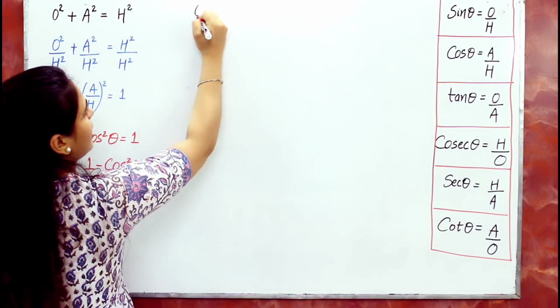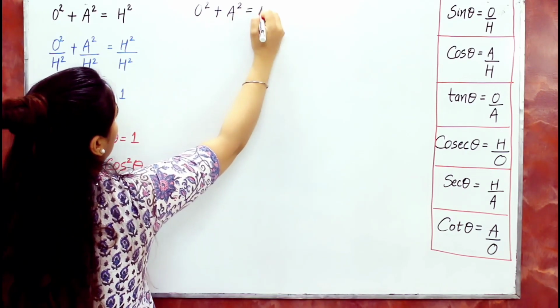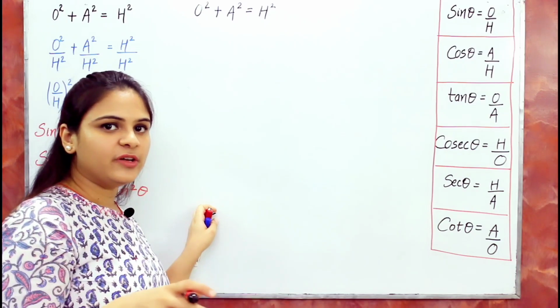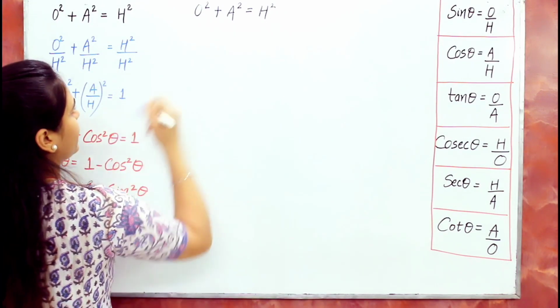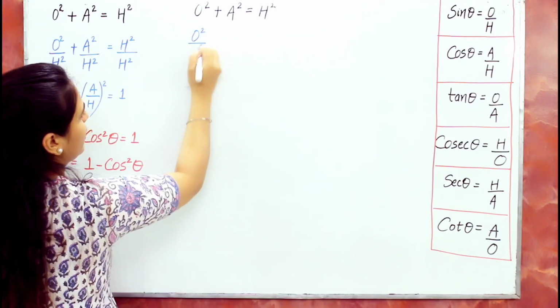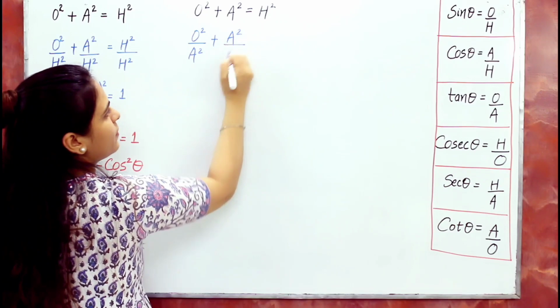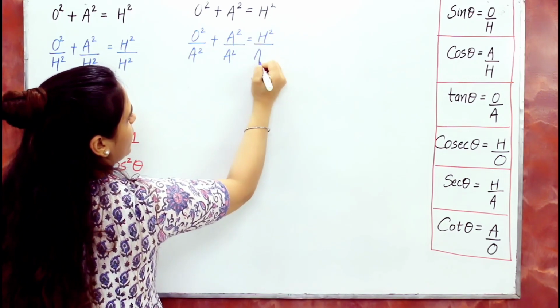Now we will again write this Pythagoras theorem, and in this part we will divide this Pythagoras theorem by adjacent side square. So this will be O square upon A square plus A square upon A square is equal to H square upon A square.